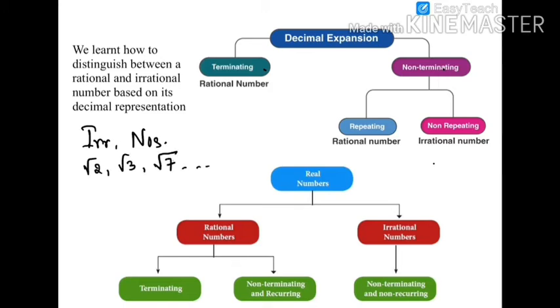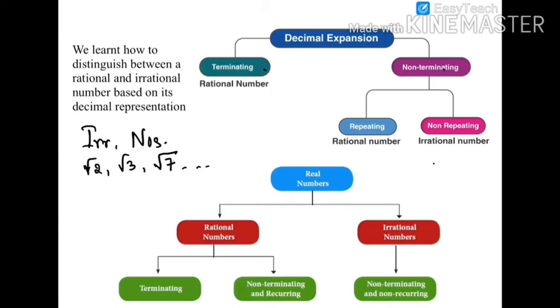All these numbers can be represented in the decimal form, but you cannot use the division process here. To convert these numbers into decimal form, you will have to use the method of finding the square root of a number, which I am sure all of you have studied in 8th standard.